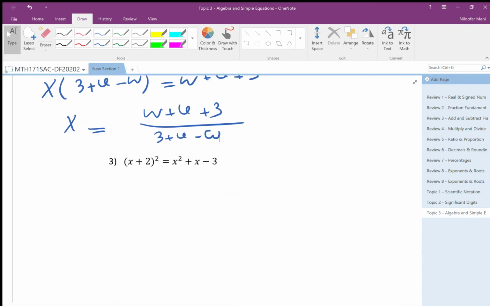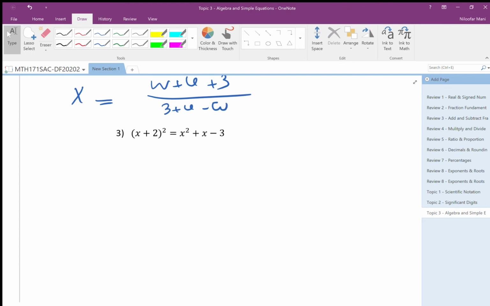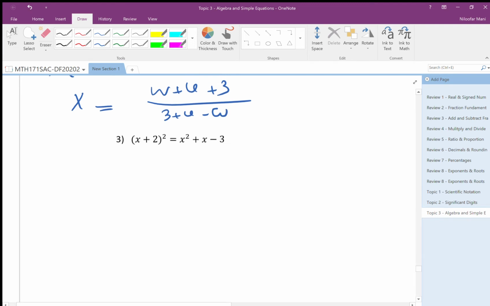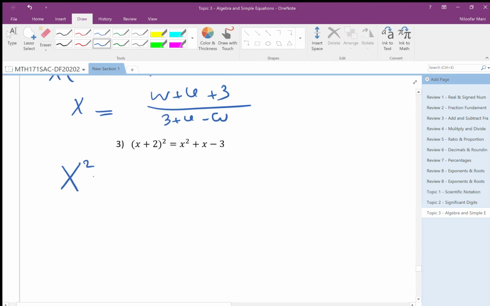Okay, so how about this one here? One of them has x squared, so the other side also has a squared, doesn't matter. Still, I have to simplify each side because I want to collect all x. So it is x squared plus, based on Pascal's triangle, plus 4x plus 4 equal x squared plus x minus that.